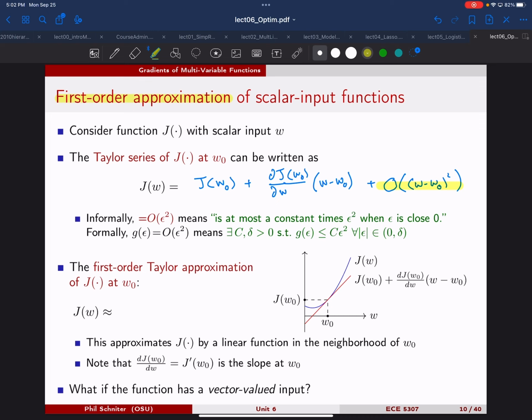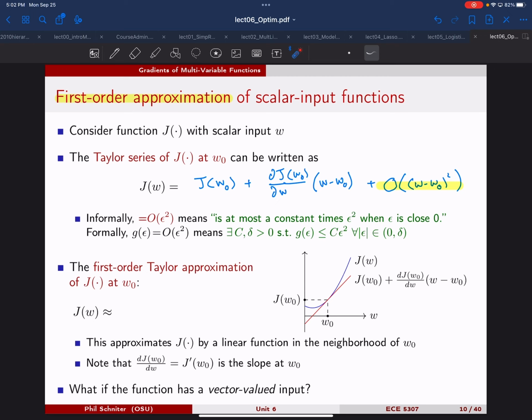So how many of you have seen this big O notation? Okay, great. A number of you have. So this is an important concept, at least to understand what it means. There's an informal way of describing it and a more formal way. The informal way, which is really all we need in this course, is that when you see a term like this, you say, well, that is really describing some more complicated thing.